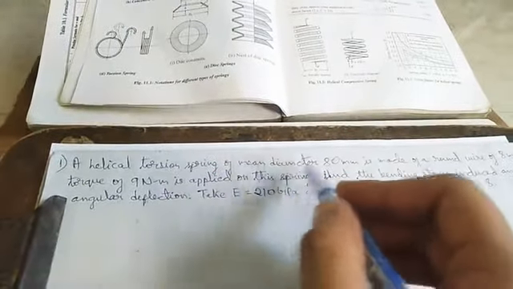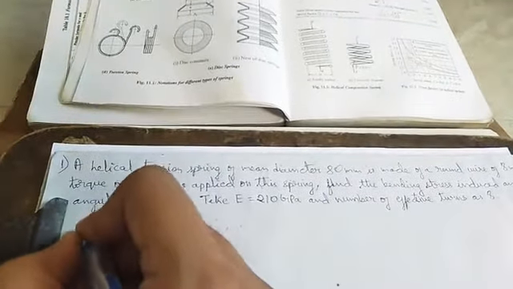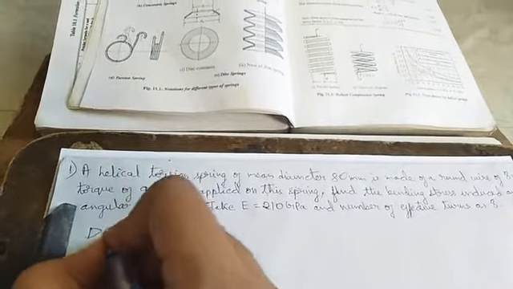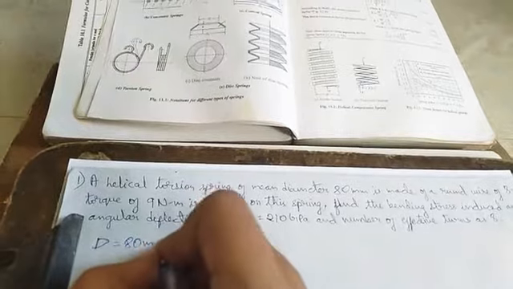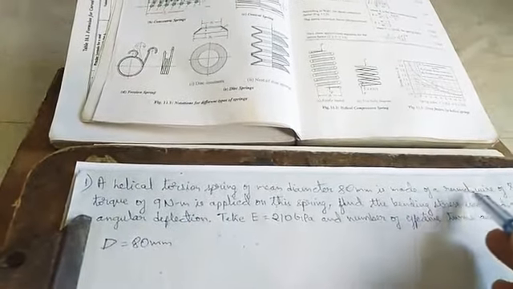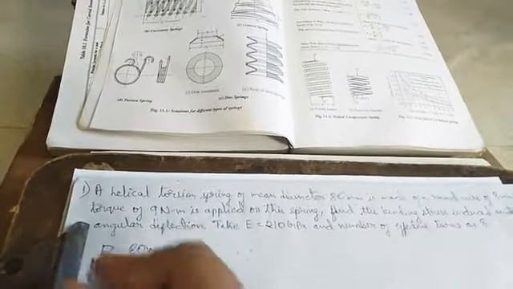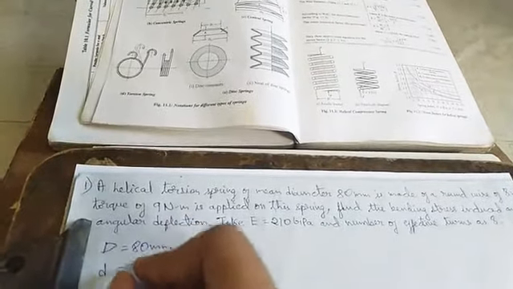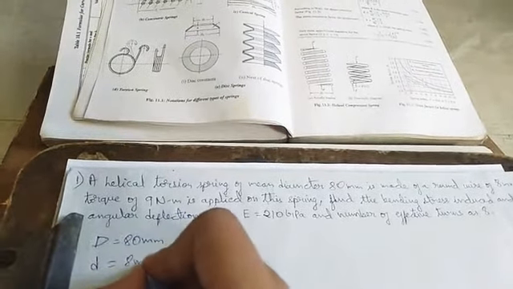Helical torsion spring of mean diameter 80. So we shall consider the mean diameter as 80 mm, of round wire diameter 8 mm. So this is the wire diameter, small d, 8 mm.